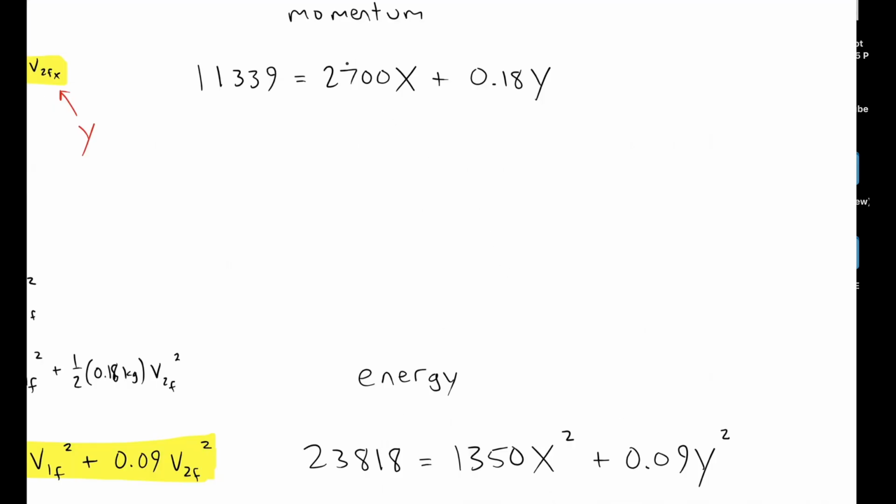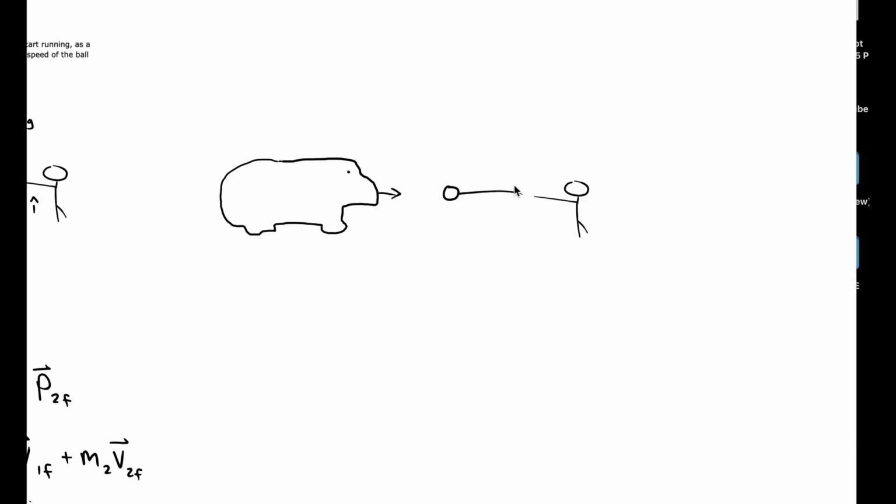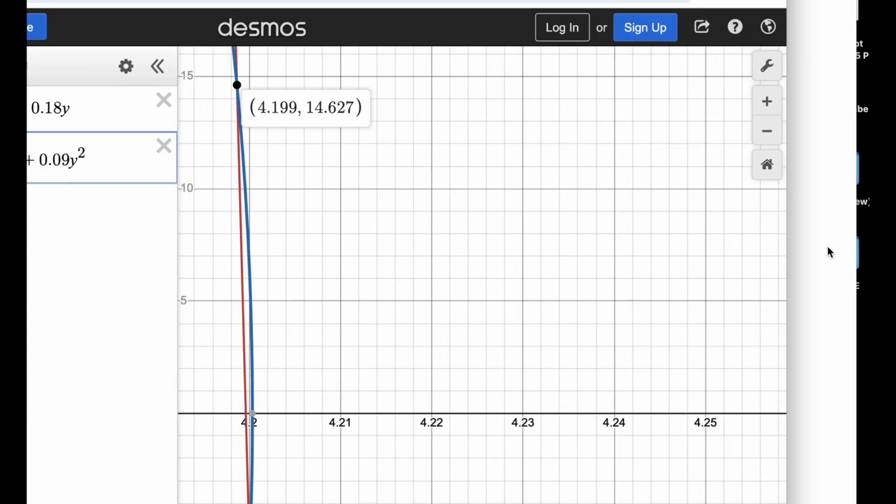Let's write that in. I'll redraw it after the collision. Okay, so there's our V final, 4.199, and our V final for the ball, 14.63.